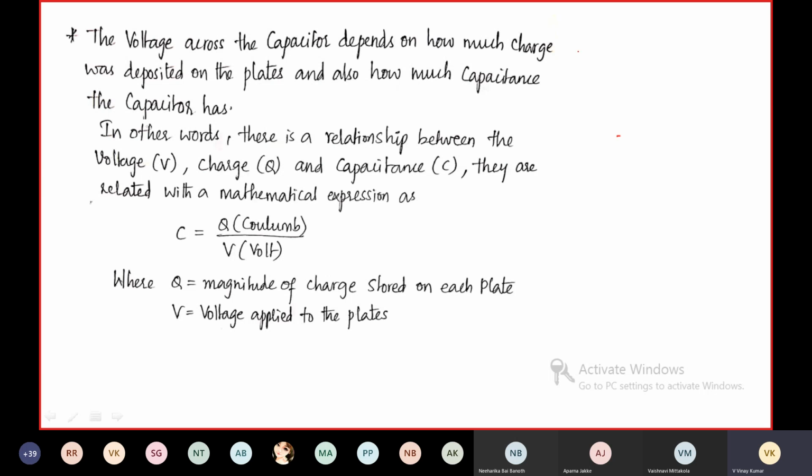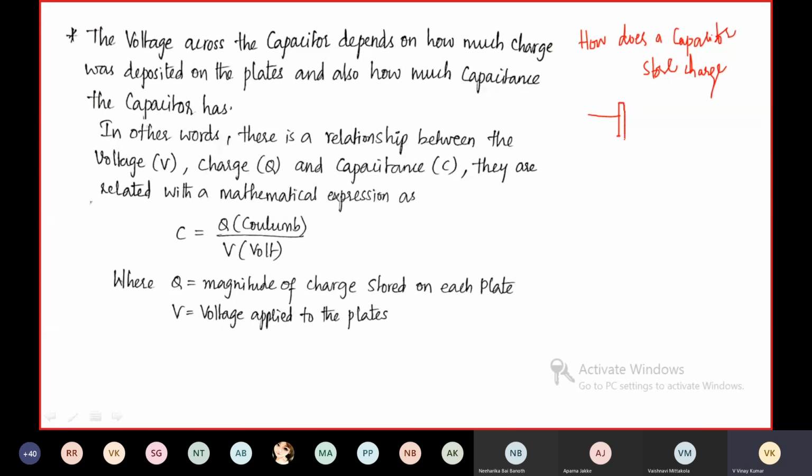Now, how does a capacitor store charge? Let me take it like this.